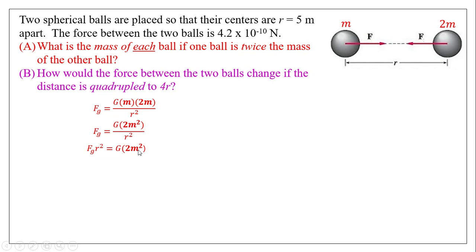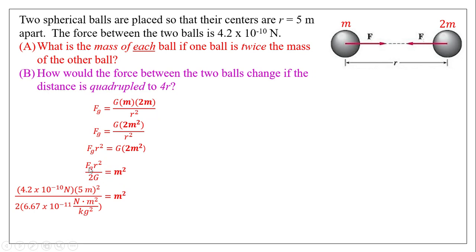So in order to get m squared by itself, I need to divide both sides by capital G and 2. Which is the same as moving capital G into the left side, and that goes in the denominator. Likewise with the 2, that also goes in the denominator. So here we have F of g times r squared divided by 2 capital G, which is equal to m squared. And hopefully by now we can just plug values in.